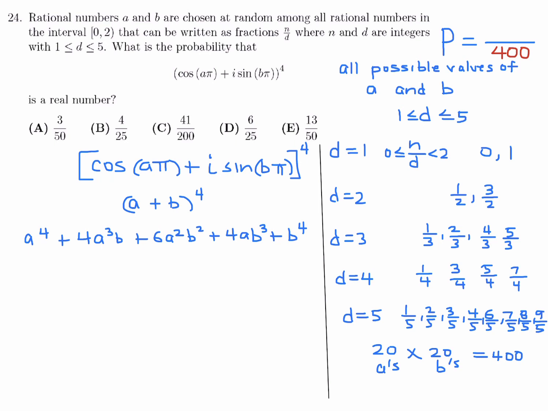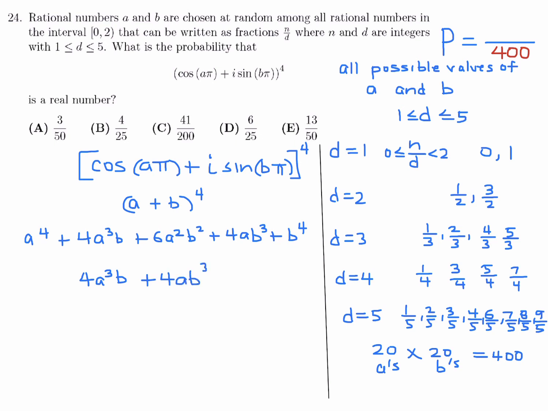We only have to worry about the b's because b is the part of the expression that has i in it. Well, here's a b, so we definitely have to be concerned with 4a to the third times b. There's a b here, but it's b squared, and when you square i, it becomes -1, so it's no longer imaginary. Here's a b to the power of 3, and that definitely needs to be taken into consideration.